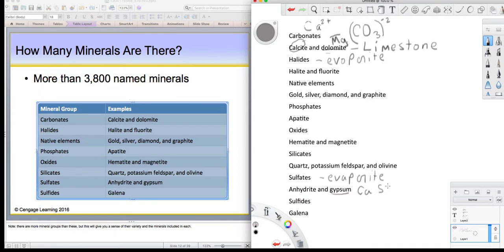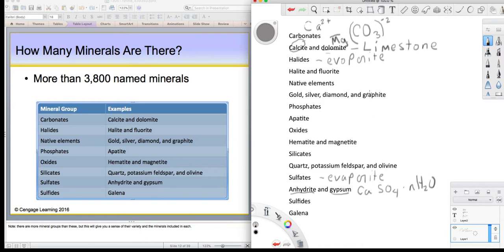So this is a SO4, and it's going to have some number, n is sort of a placeholder of water molecules in it. So that's gypsum. So anhydrite would be the same thing as gypsum, except there's no water, right? So that's what they call it, anhydrite, without the water molecule. But they're both calcium sulfate.